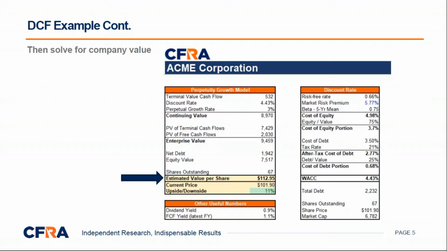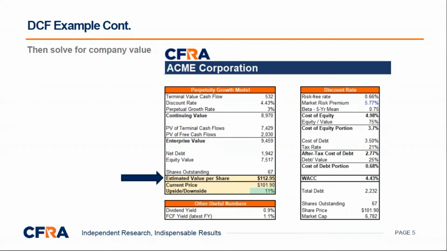To do this, we use a perpetual growth model here, which effectively solves for the terminal value by using a 2025 estimated free cash flow and applying a risk and growth factor to solve for free cash flow to be generated into perpetuity. To look at it as a formula, this is simply 2025 free cash flow divided by R minus G, R being the discount rate and G being the growth rate.